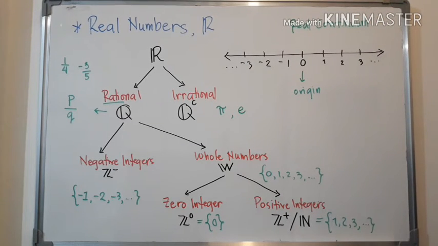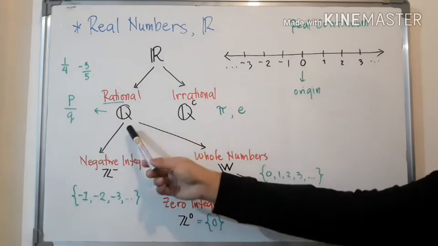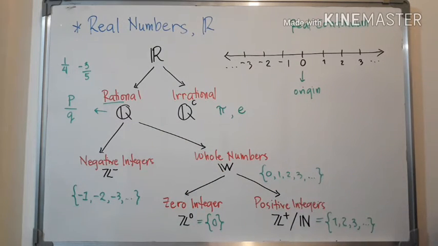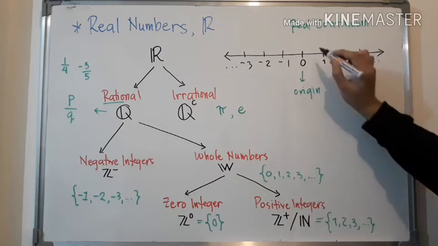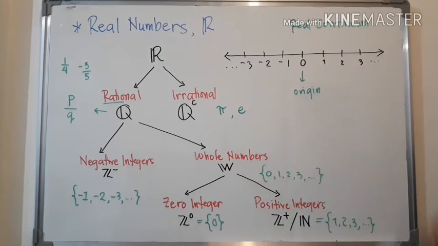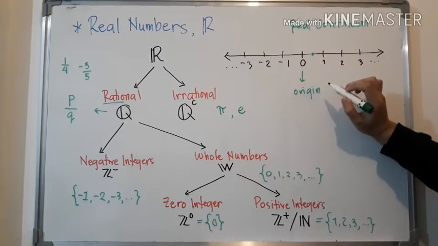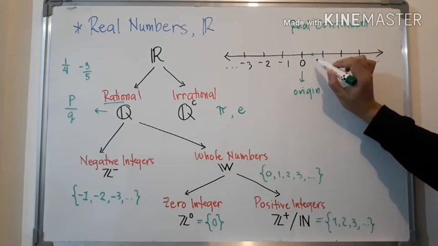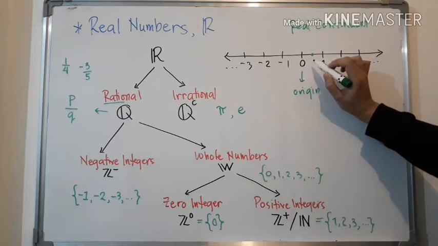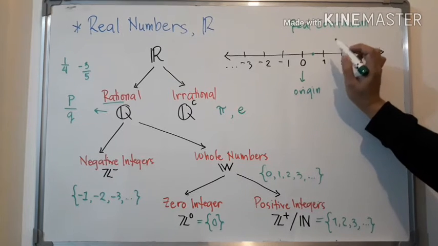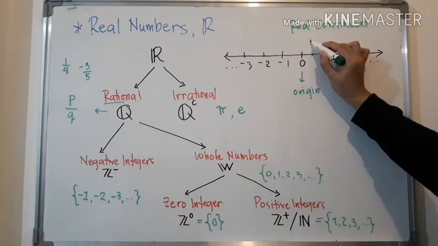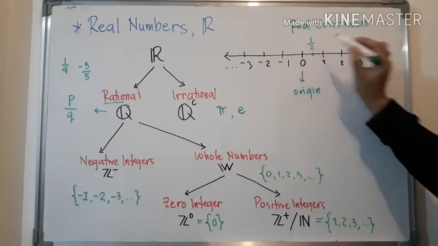Say for example, can we find the rational number in the real continuum? Yes. Say for example here. This point here is the location of the rational number 1/2.